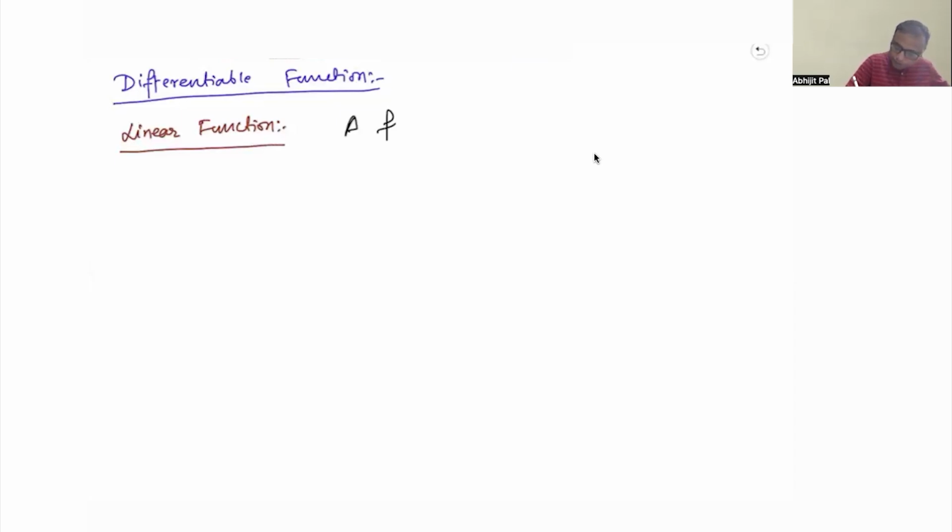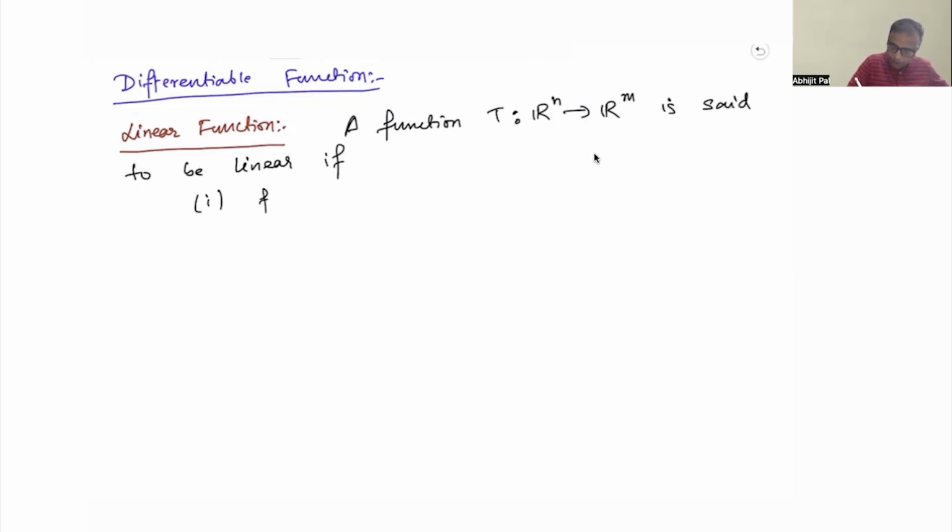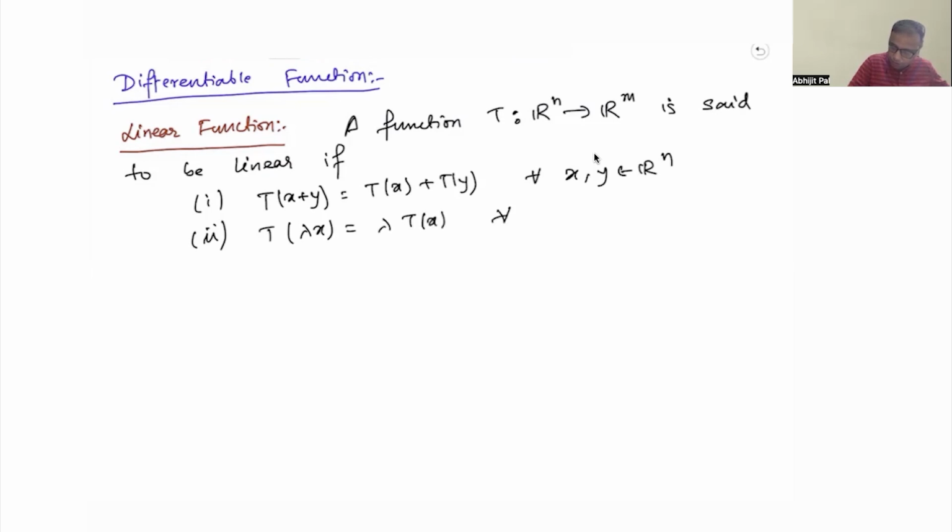A function T from R^n to R^m is said to be linear if these two properties are satisfied: one, T(x+y) = Tx + Ty for all x, y in R^n, and two, T(lambda x) = lambda Tx for all x in R^n and for all lambda in R.